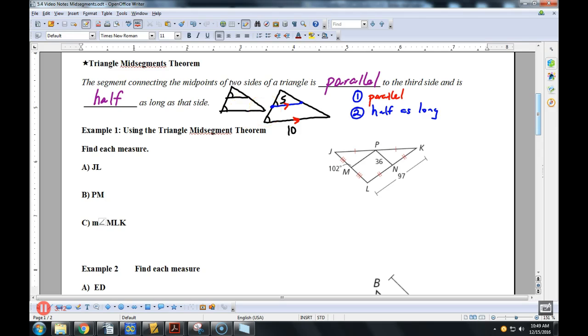And the same thing happens here. We get these two are equal, or that angle is equal to that angle with 2 marks, because they are corresponding angles. So there's kind of this third bonus feature that I really am not going to put as number 3, but from the parallel lines you get some corresponding angles that fall out of that.